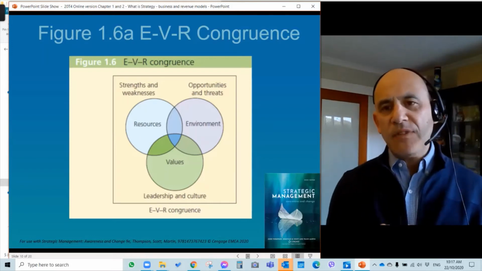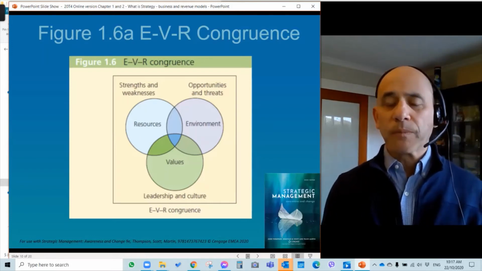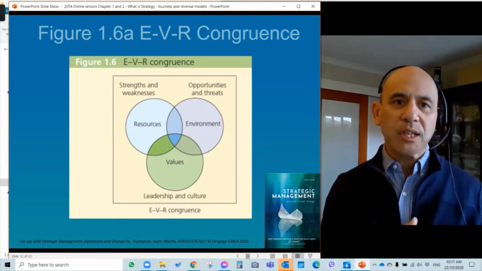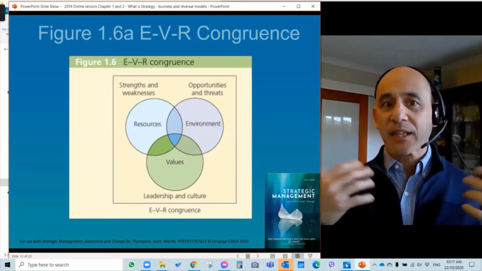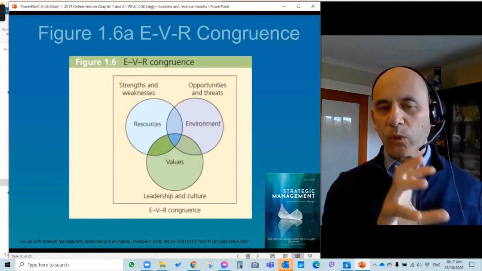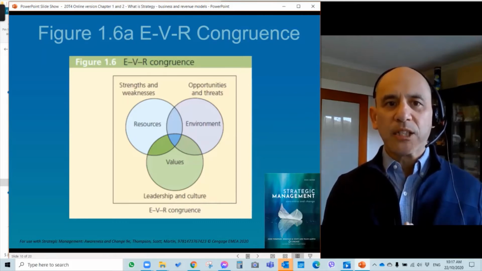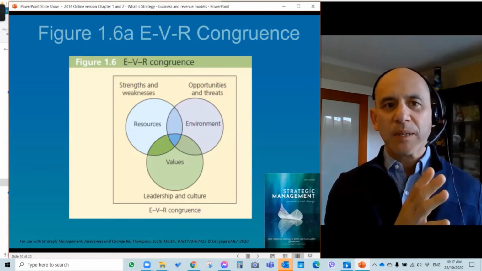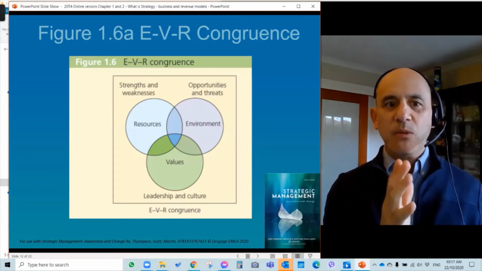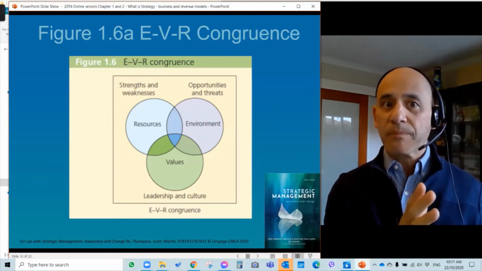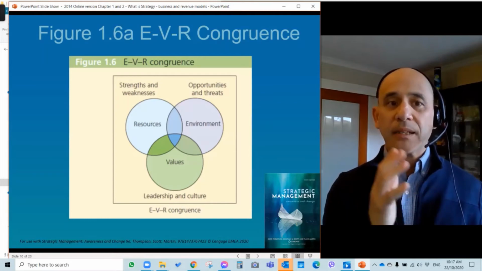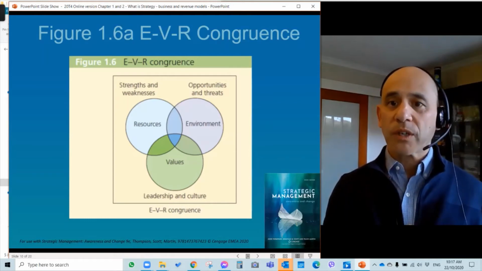This is the EVR congruence model. And this figure you will see constantly in the next couple of weeks. We'll go back to it quite often. The EVR model is really composed of the environment, that's the E, the V, which is the values of the company or the leader, and then R, which is the resources of the company.